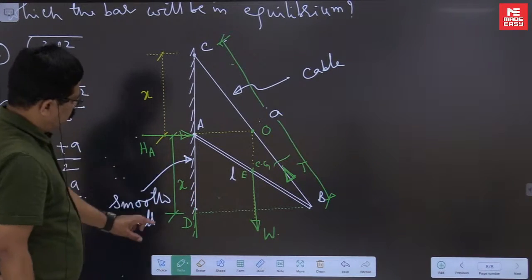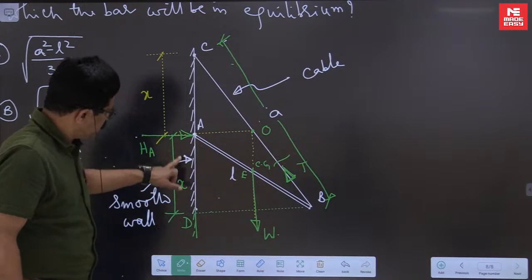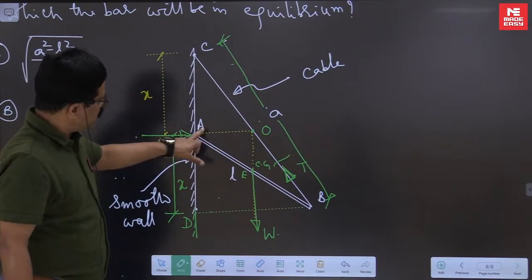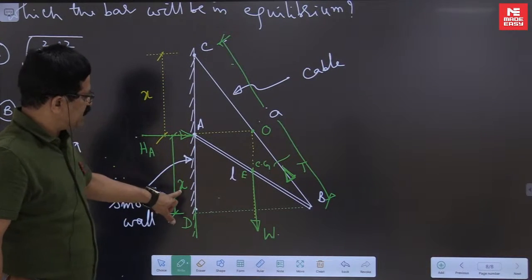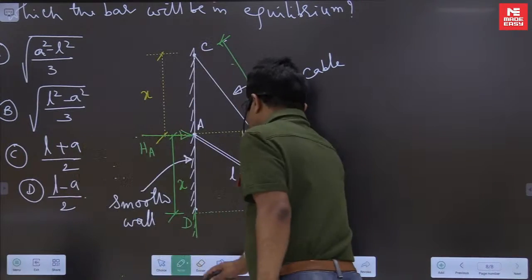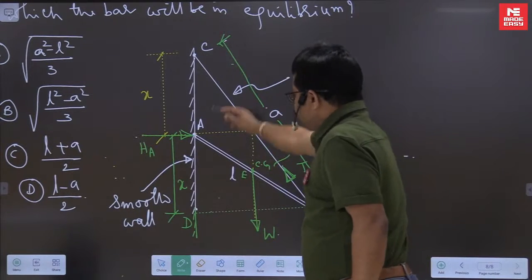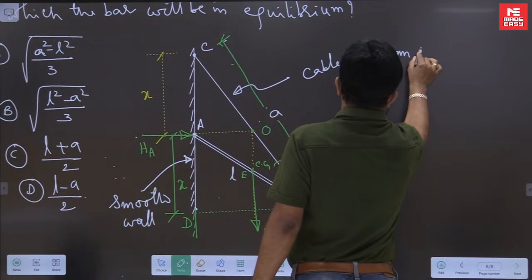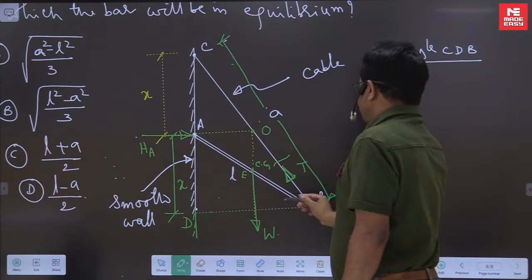In the exam in 2 minutes time, your task is to connect them. Then you should understand that because E is the midpoint, O is the midpoint, A is the midpoint of CD. If this is X, this has to be X. Now take the triangles. From triangle CDB, what can I write?